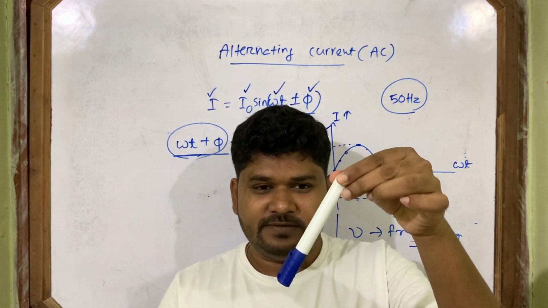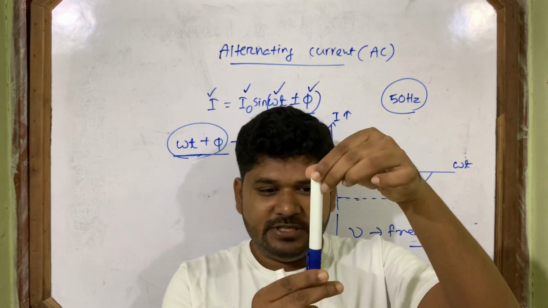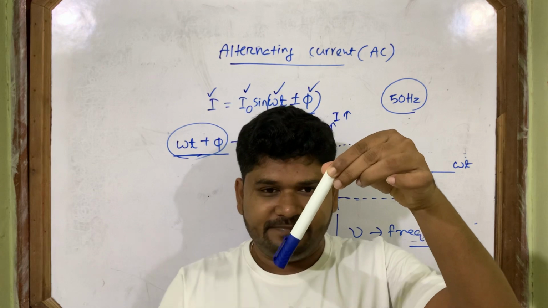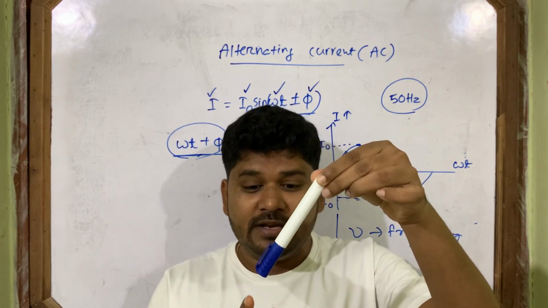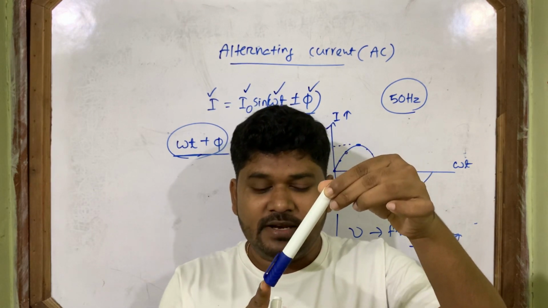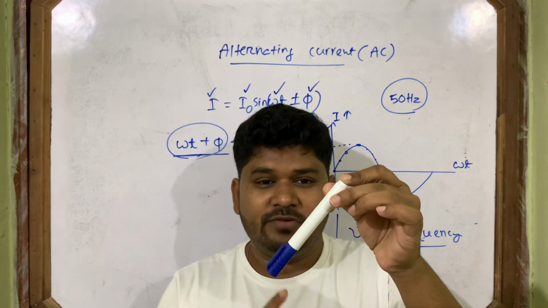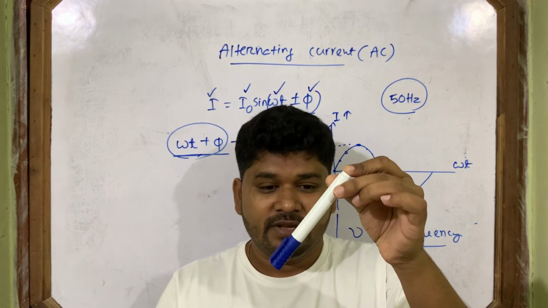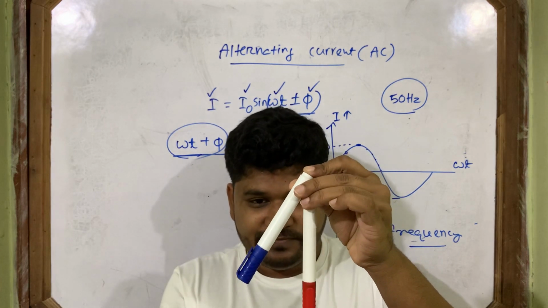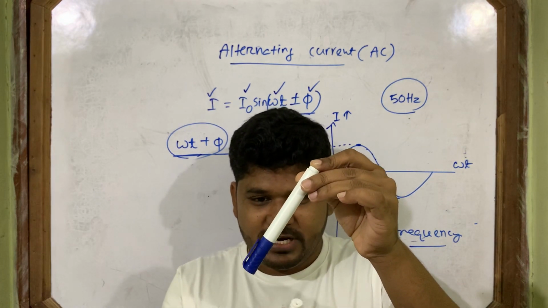Suppose the body starts the oscillation from this point and the body is here. If I want to know where the body is, which quantity do we need to specify to find the position of the body? This position is called the mean position. From this position, this body now shifts to this.